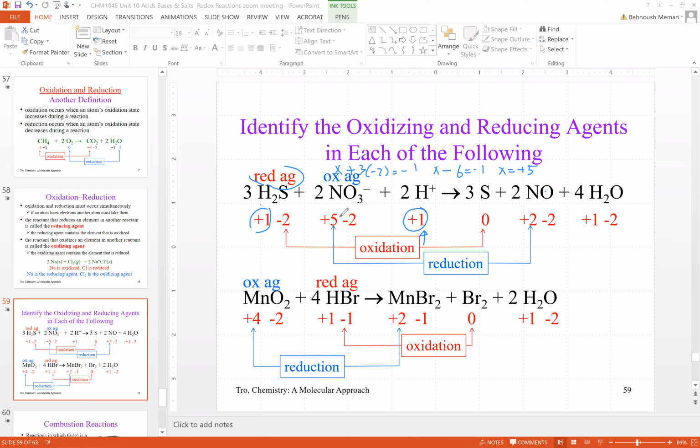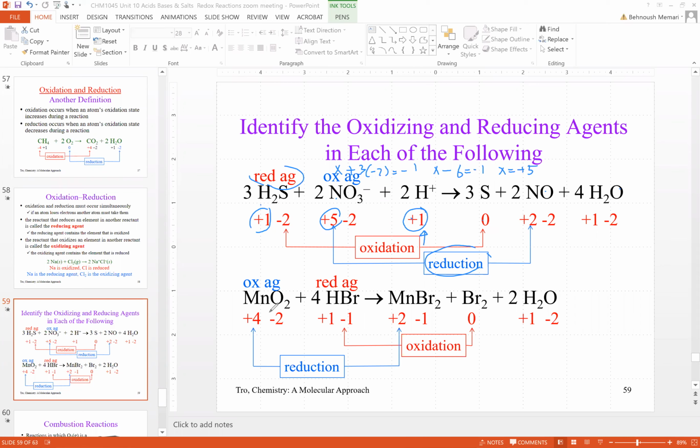That's how you determine oxidation number of nitrogen to be +5 on the reactant side. On the product side, it's easier because we know oxygen is -2, so nitrogen must be +2. If it's going from +5 to +2, it's been lowered by 3, so it's being reduced. If nitrogen is being reduced, it's acting as oxidizing agent.